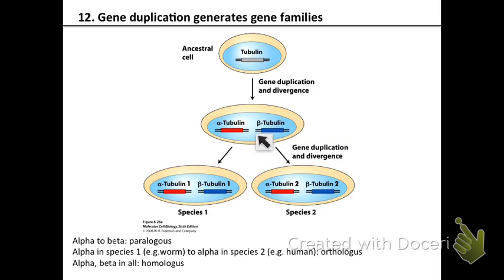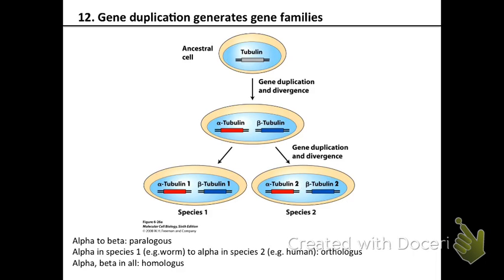After this, if there is a speciation event so that you have two species that are further diverging, the sequences of alpha and beta tubulin in species 1 will accumulate differences over time, and this will be independently accumulated in species 2 over time.